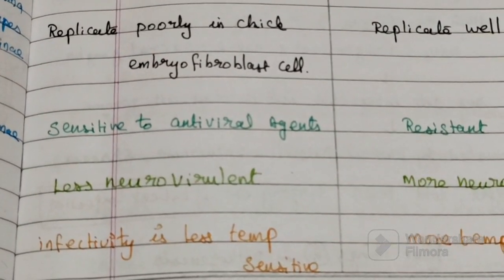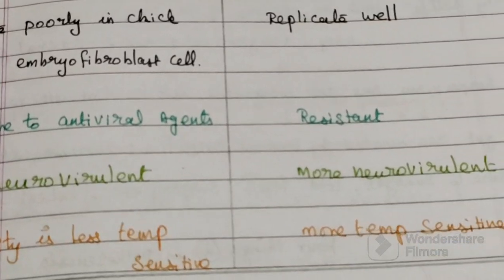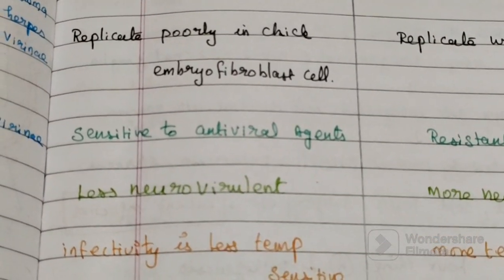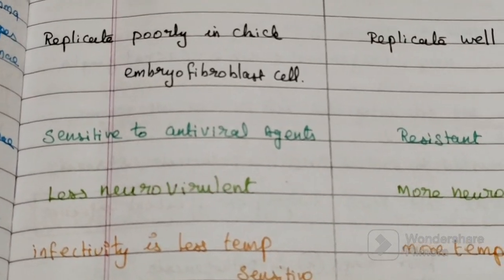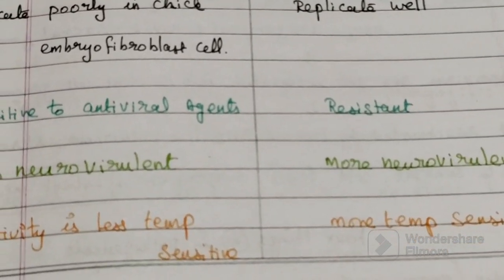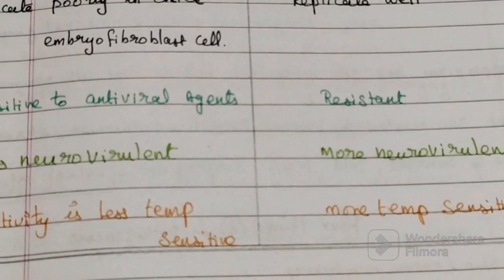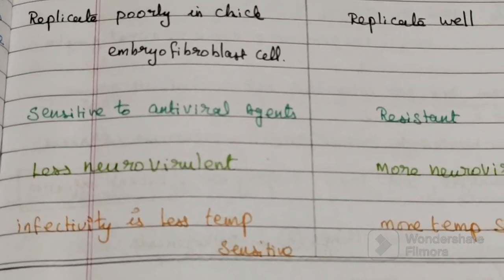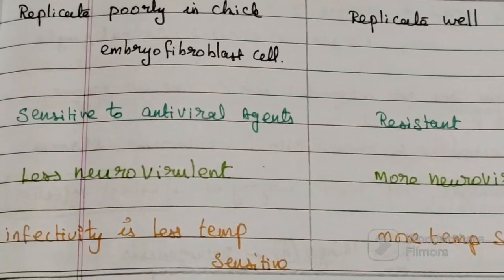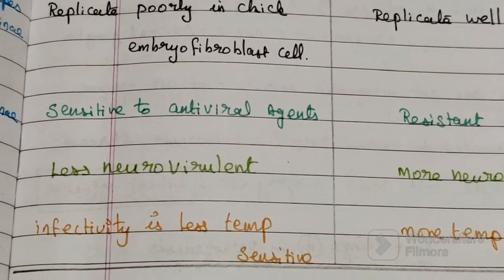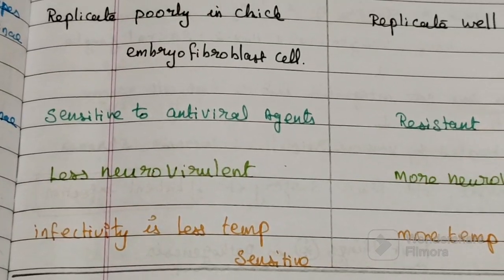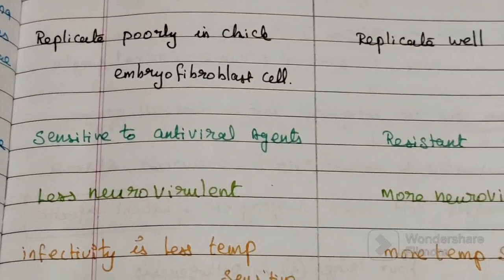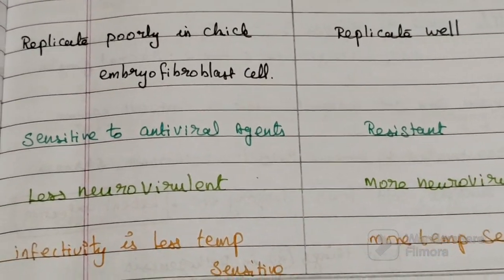HSV1 is sensitive to antiviral agents, while HSV2 is resistant. HSV1 is less neurovirulent and HSV2 is more neurovirulent; in the brain, some diseases are caused by HSV2.